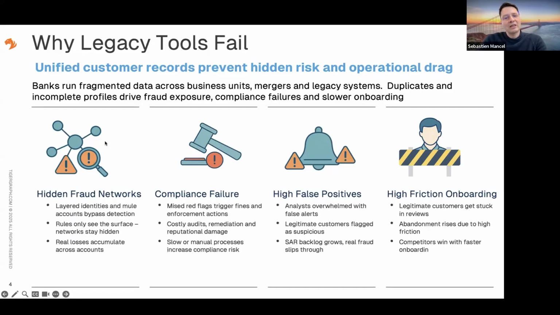So let's start with hidden fraud networks. Fraudsters rarely act alone. They use layered identities and mule accounts across organizations. And rule-based systems only see isolated records. They can't connect the dots between people, devices, and behaviors. And as a result, networks stay hidden.